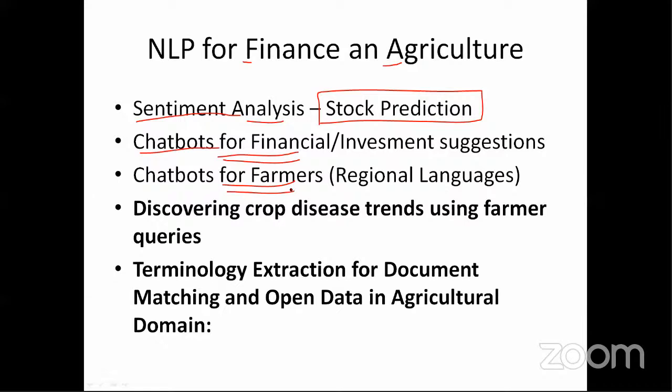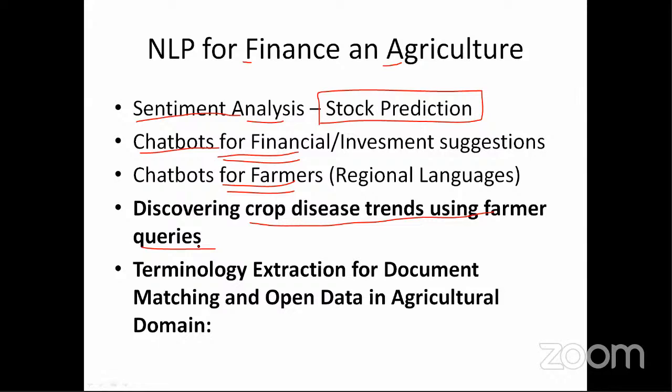Again we are associated with agriculture in regional languages, and with discovering crop disease trends using farmer queries. There are some platforms where a farmer can ask a query, and the agriculture institutes or experts in that area, the officers, respond.